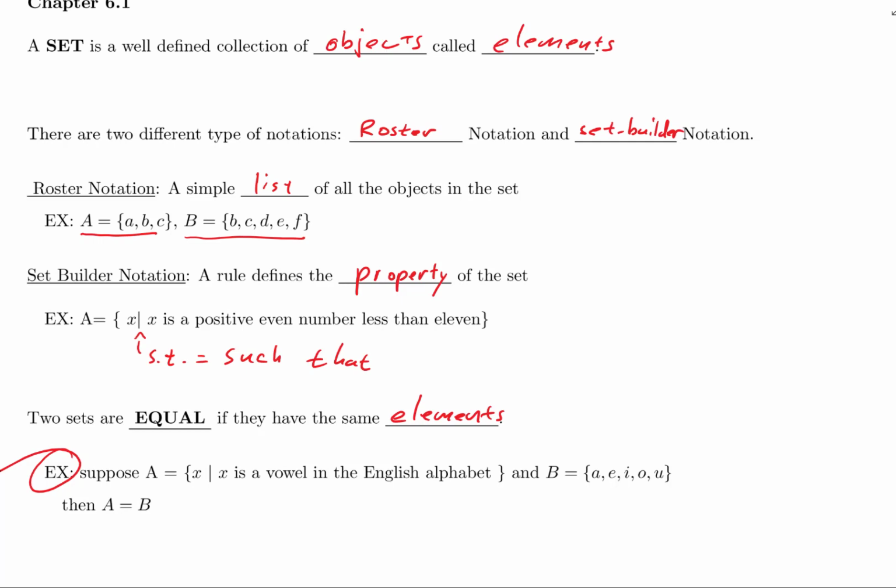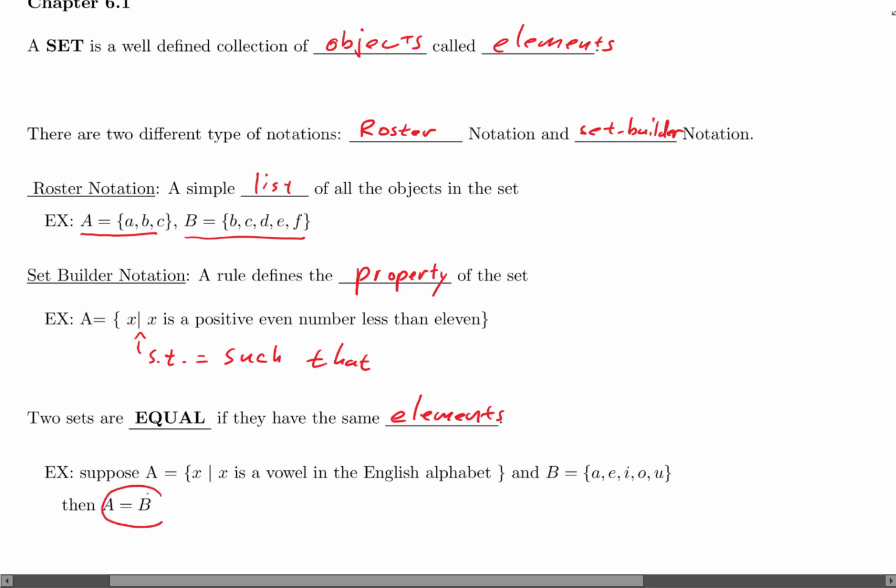And then B equals A, E, I, O, U. Well, one set is done with set builder notation, the other one with roster notation, but note they both describe the same letters. And so since they have the same elements or objects, A equals B.